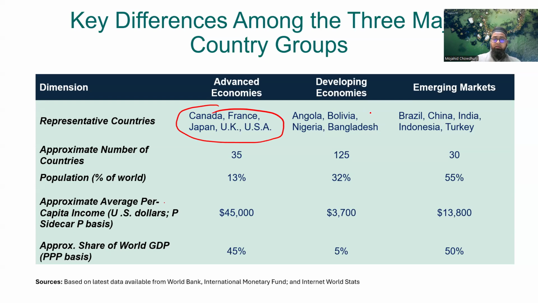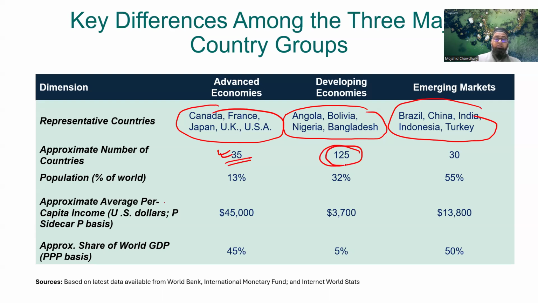In the developing countries, Angola, Bolivia, Nigeria, and in the emerging countries, Brazil, China, India, Turkey. The total number of advanced economies is approximately 35. But the developing countries are too many, 125, and the emerging market is only 30.